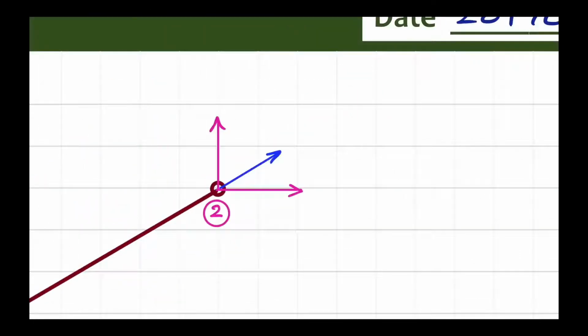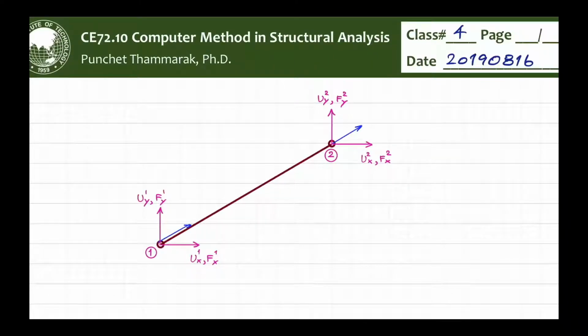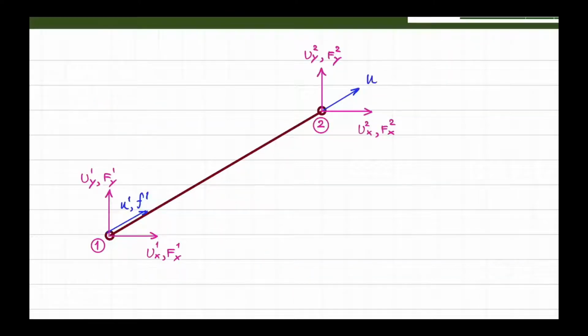F1y, U2x, F2x, U2y and F2y. Okay, now U, F1, U2, F2.